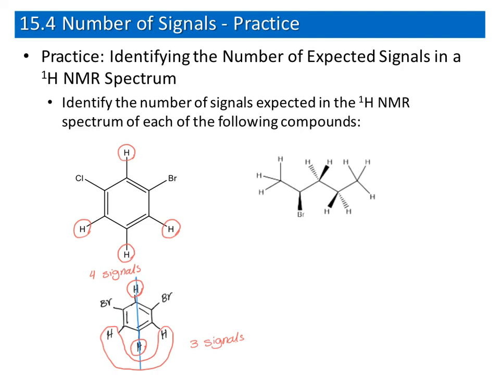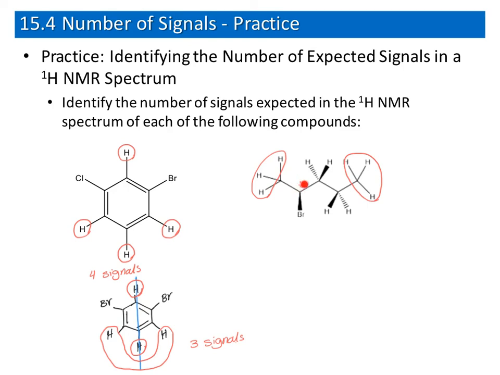Now let's look at another example. So in this molecule, we have a chirality center. So we already talked about that. CH3 is going to show one signal, so all of these hydrogens are equivalent. So we see one signal for this CH3. Now all of these 3 hydrogens are also the same, so we are going to see one signal for them as well. Now these 2 CH3s are not the same because this one is closer to bromine compared to the other one.